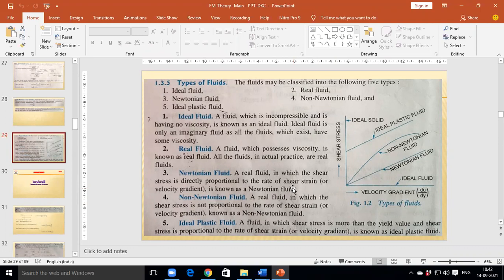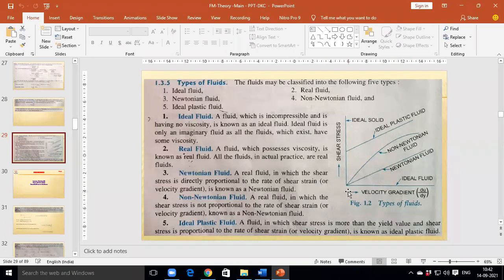So we have different names for the velocity gradient: one is velocity distribution, and another is shear strain. Keep in mind there are 3 names for the x-axis: velocity gradient, velocity distribution, and shear strain.